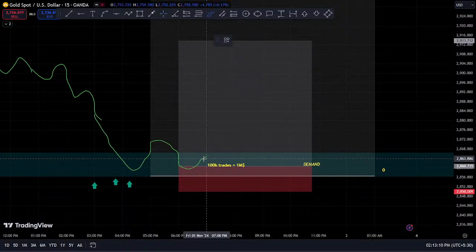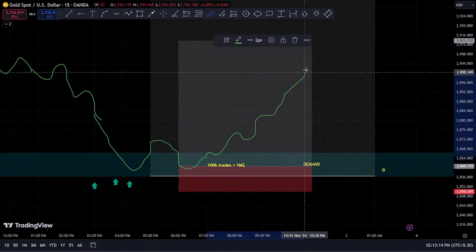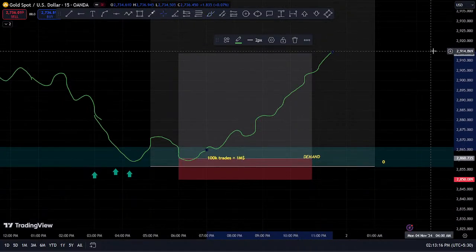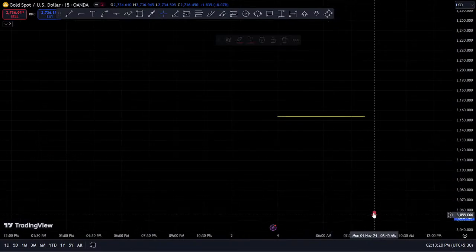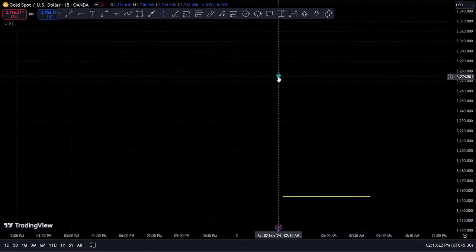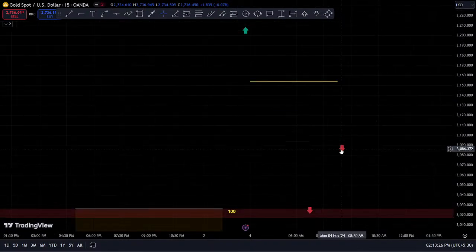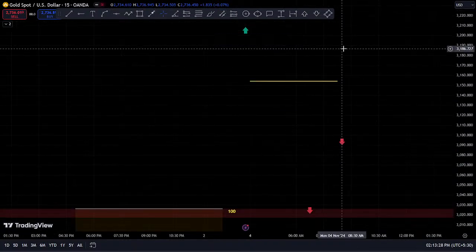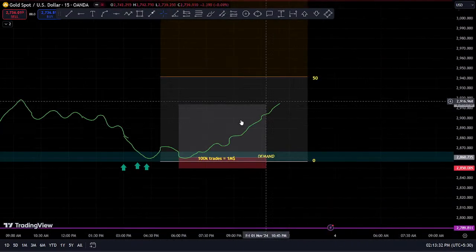Now the price starts to increase, and gold's demand starts to increase. There are some sellers, but more buyers. As demand increases, sellers decrease, which leads the price to go up.